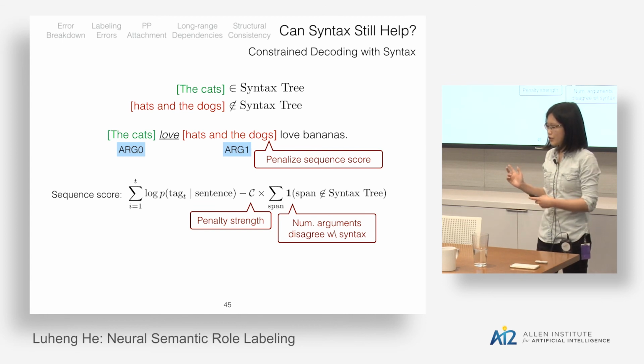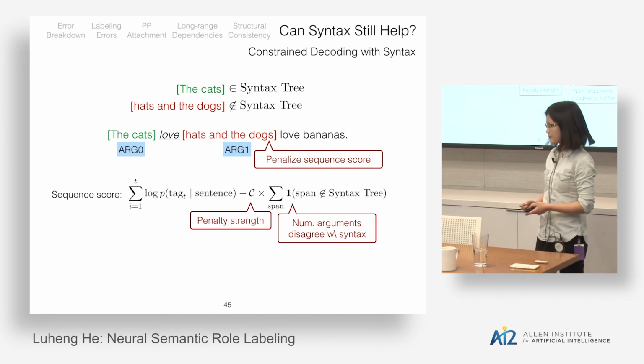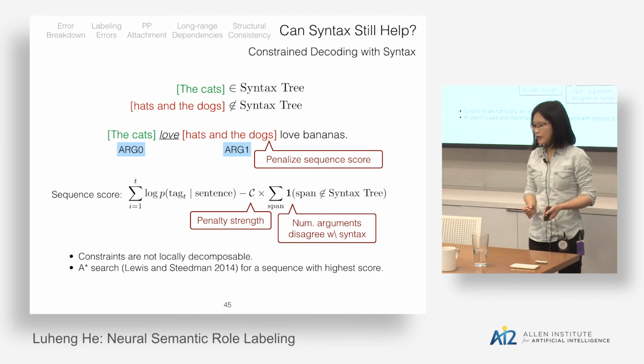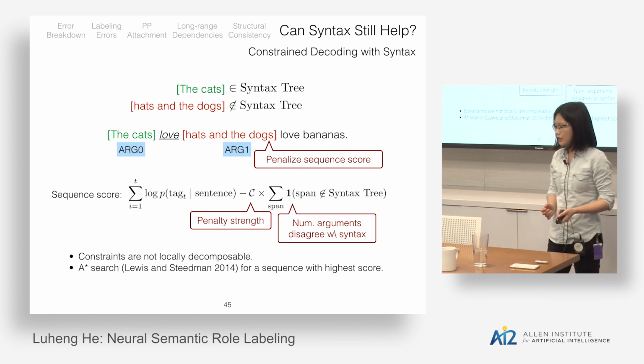It has a penalization term, which is the penalty strength times the number of arguments that disagree with the provided syntax. The constraints are not locally decomposable, so we use an A-star search to get the sequence with the highest score. I will not go into the details here.